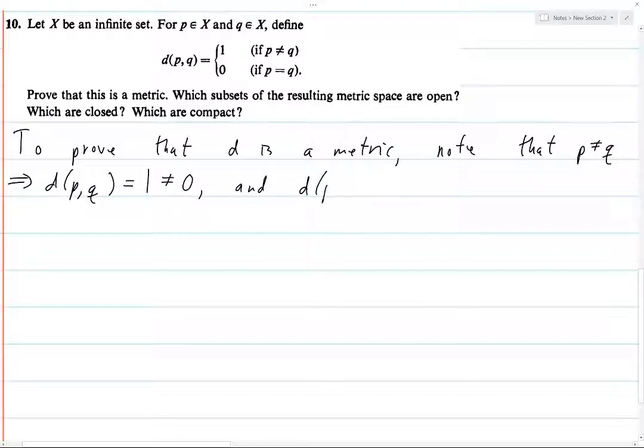And the distance between any point P and itself is 0. Okay, and that's the first criterion. You need the distance between any two distinct points to be strictly positive, so we'll put 1 is strictly greater than 0. And then the distance between any point and itself has to be exactly, precisely 0.